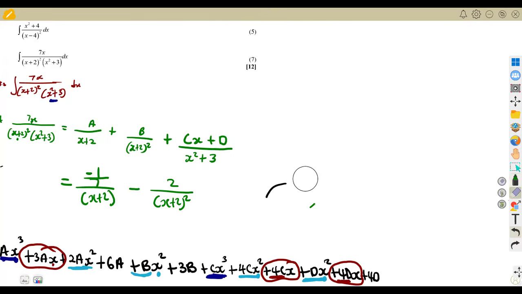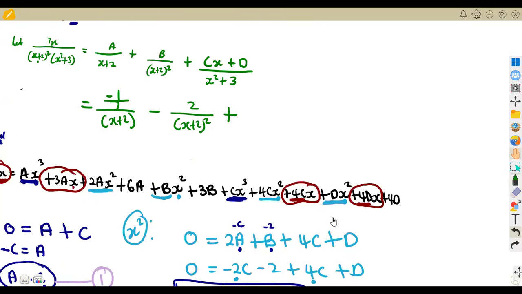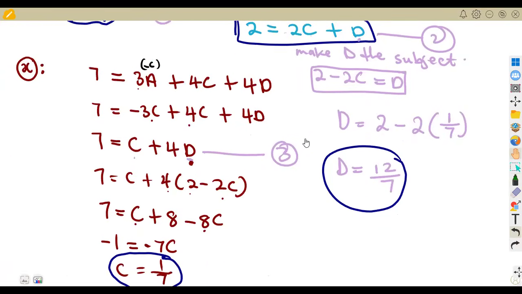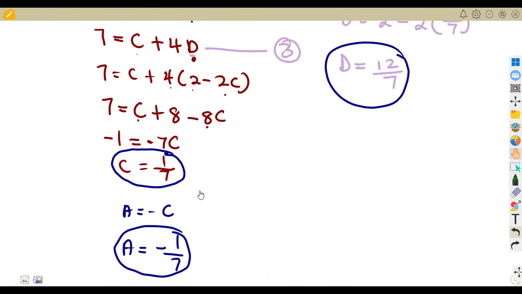Then we're going to substitute cx plus d. So we're supposed to have plus cx plus d, the value of c and x here. Remember, our c was 1/7 and our d is 12/7.